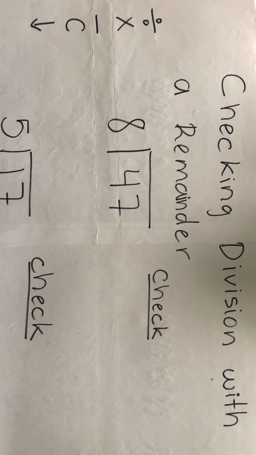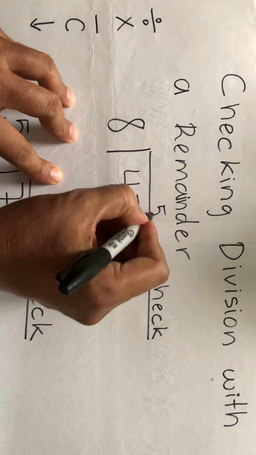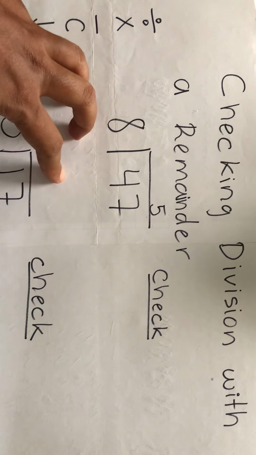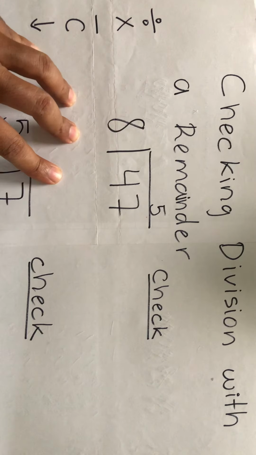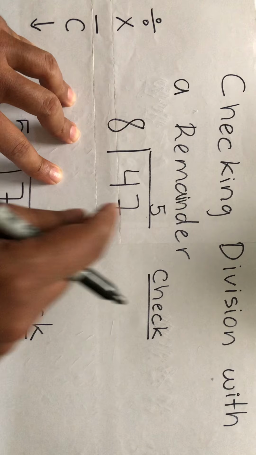If you remember, what is this number? You find that the number is 5, because 5 times 8 is 40. You divide. This number that multiplied by 8 is closer to 47, 5.